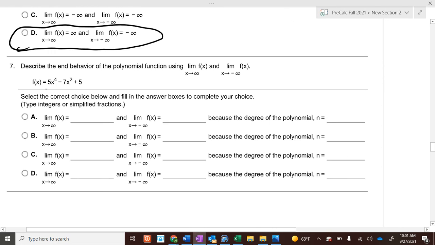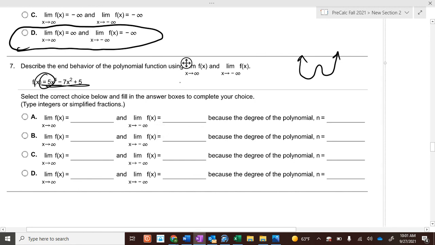And behavior of this one. What letter of the alphabet is this going to make? A W or an M? A W. Why a W? Because it's a positive first term coefficient. Okay? And a fourth degree will have an extra hump in it.